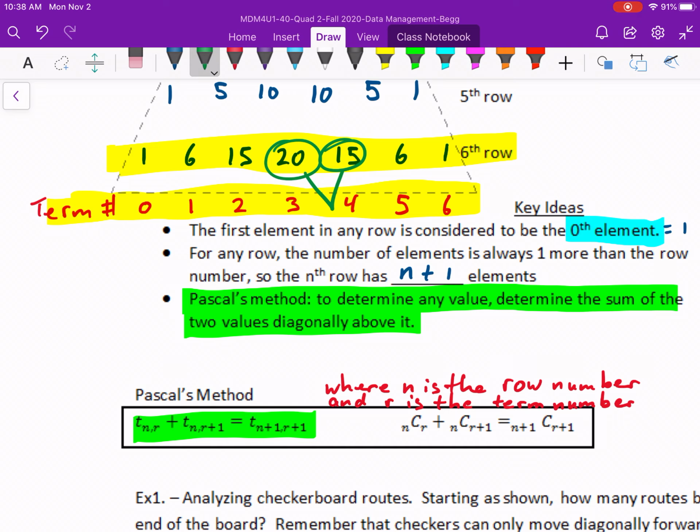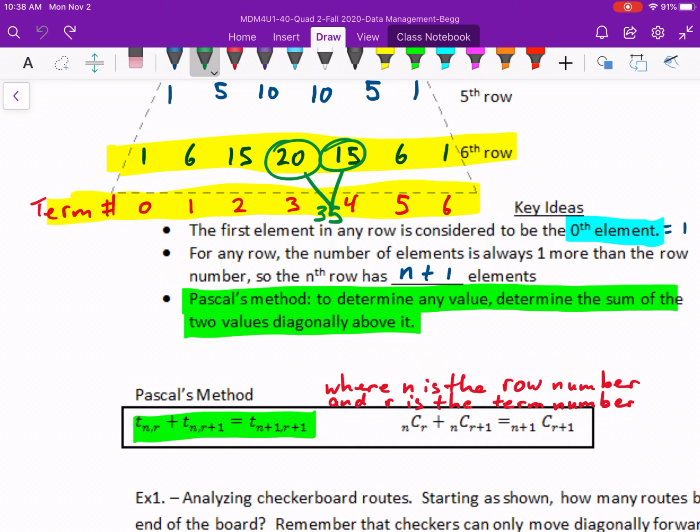I know 20 plus 15 gives me 35, right? I'm going to erase this so as to not keep it messy looking. But 20 plus 15 equals 35. That would give me a term in the 7th row. And that term would be the 1, 2, 3, 4. It would actually be the 5th term in the 7th row. Sorry, actually the 0. Let me start at 0 on the left.